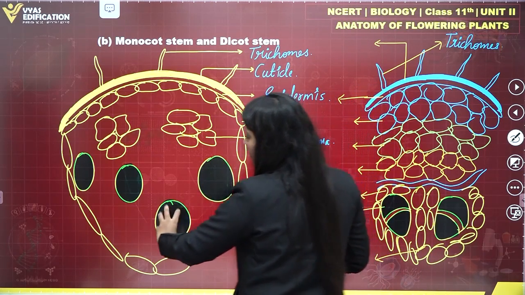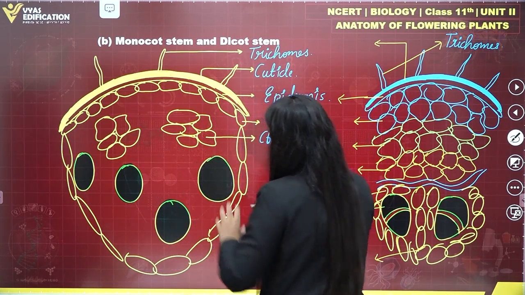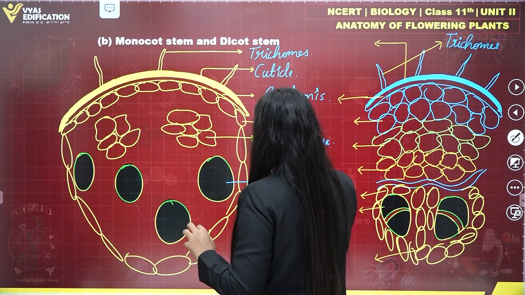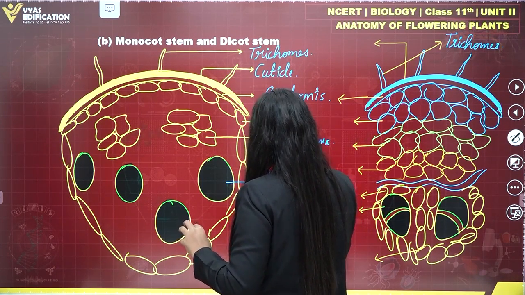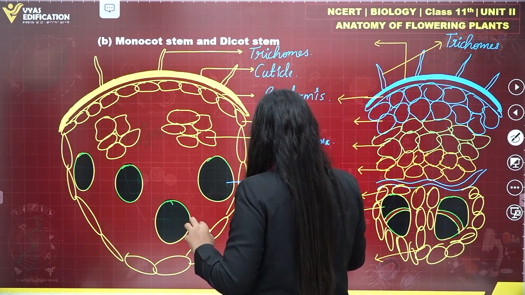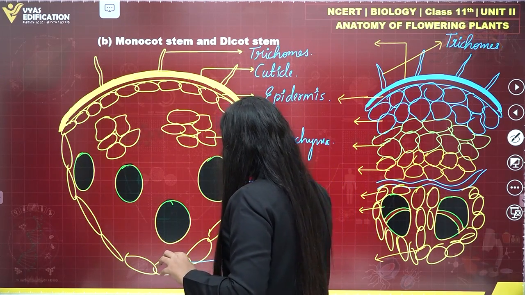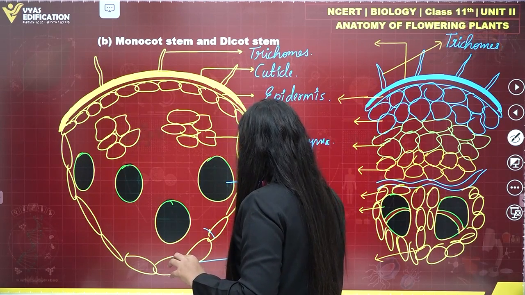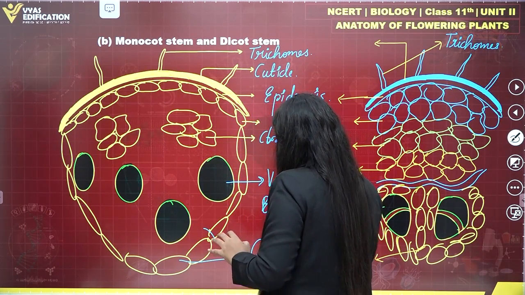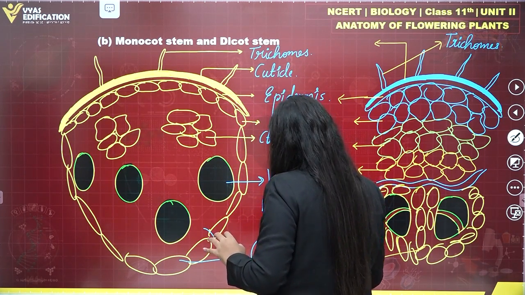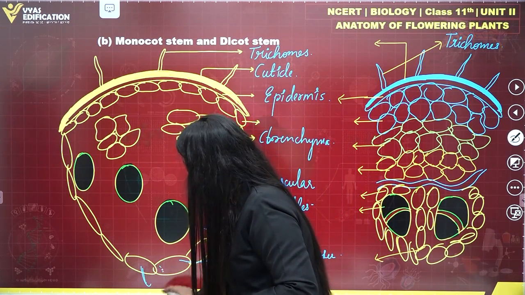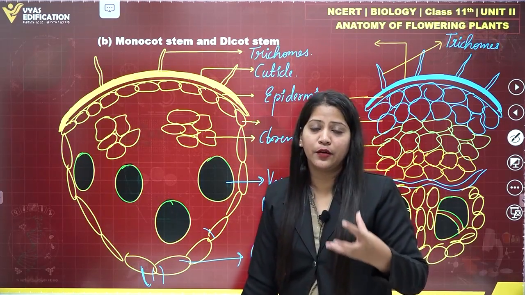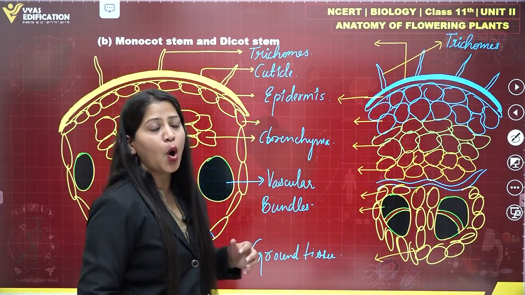So these bundles in dark color are actually representing vascular bundles, and all these are the ground tissues. Except for these tissues, we have ground tissue, and of course here somewhere we'll have pith, right? So this is the labeling of monocot stem.